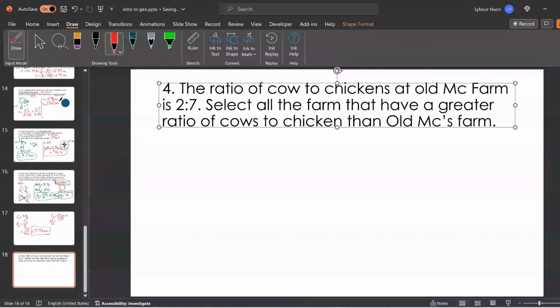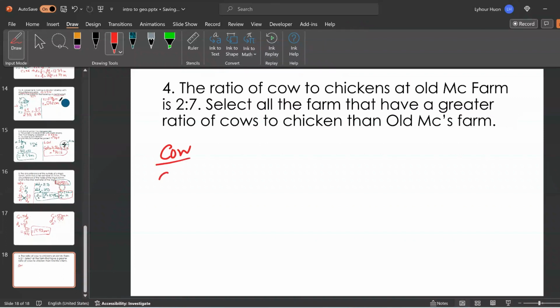So the ratio of cows over chickens for McDonald's farm is 2/7.